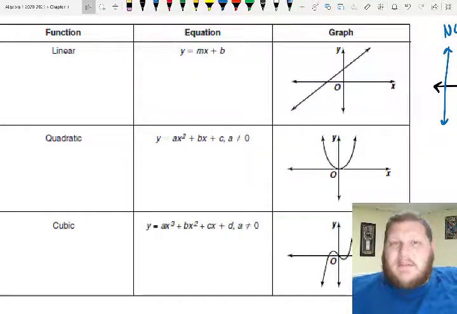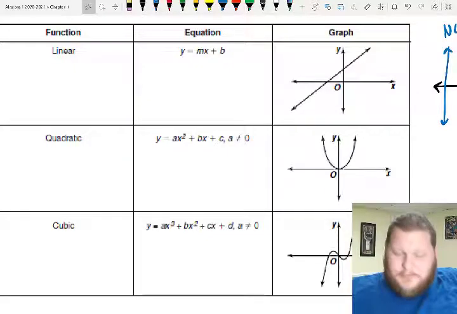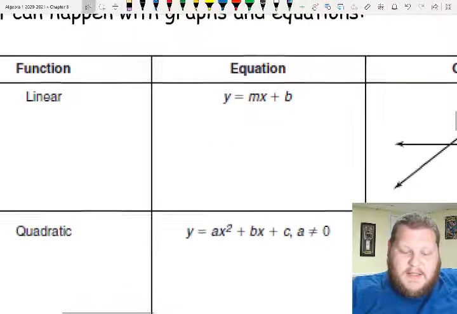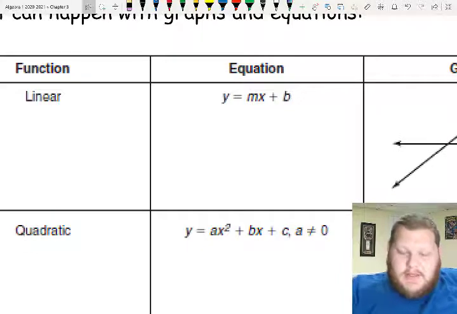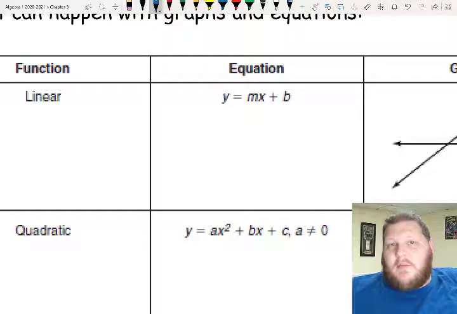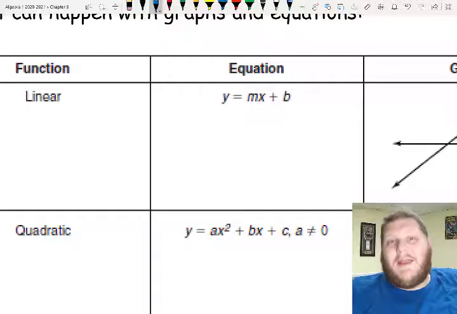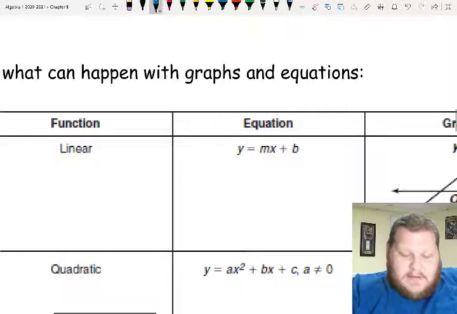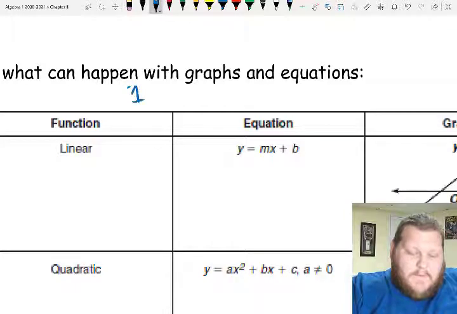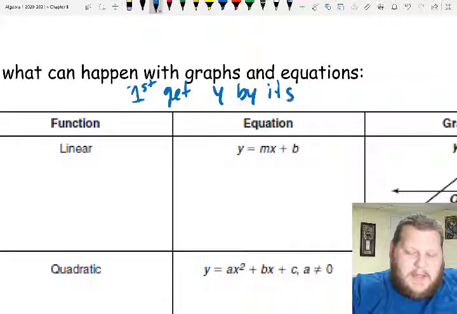The part that's probably the most challenging for most of us is going to be looking at our equations, because there's a lot of different ways our equations can look. Really what we need to focus in on is when it's linear. So in this case, this is one of the ways that it can be written. It's probably the one you're most familiar with, slope-intercept form, which is something we'll talk about in later sections for this chapter. But really the important thing here, with all of these, you have to first get y by itself.